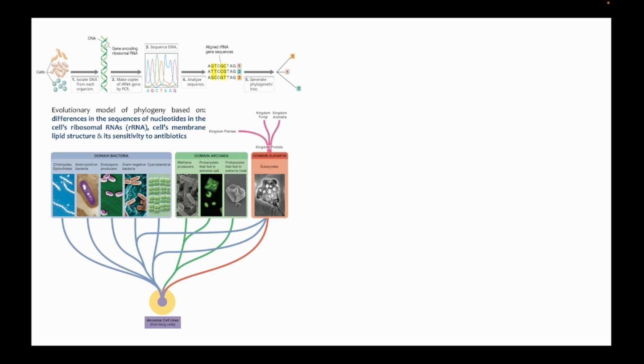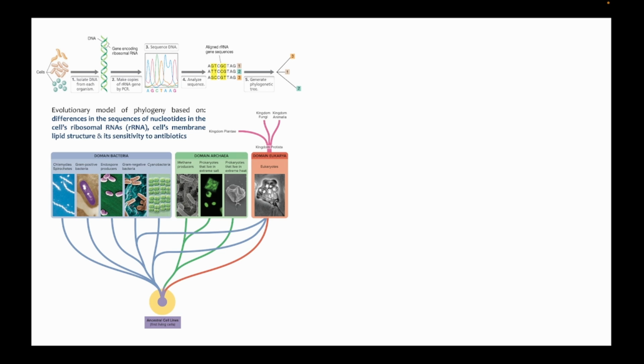What they do is they extract the DNA from the organism, they amplify only the gene of interest, which is the 16S or the 18S, and then they send it for sequencing. Then from the sequence, they are able to carry out alignment to see what species it is.